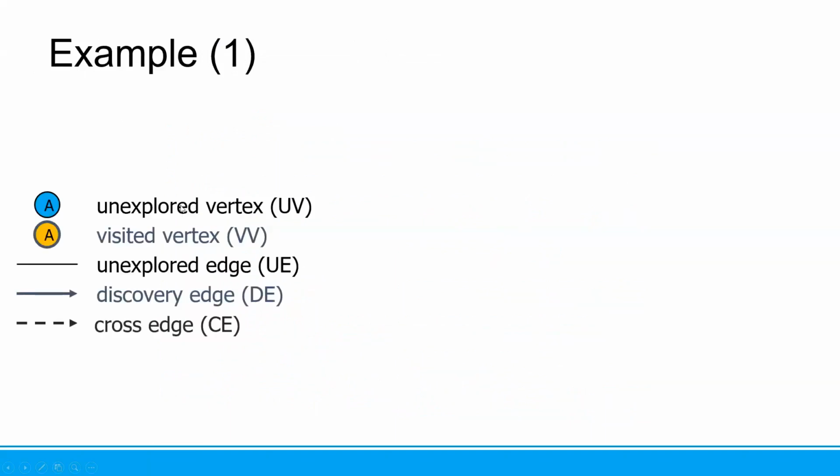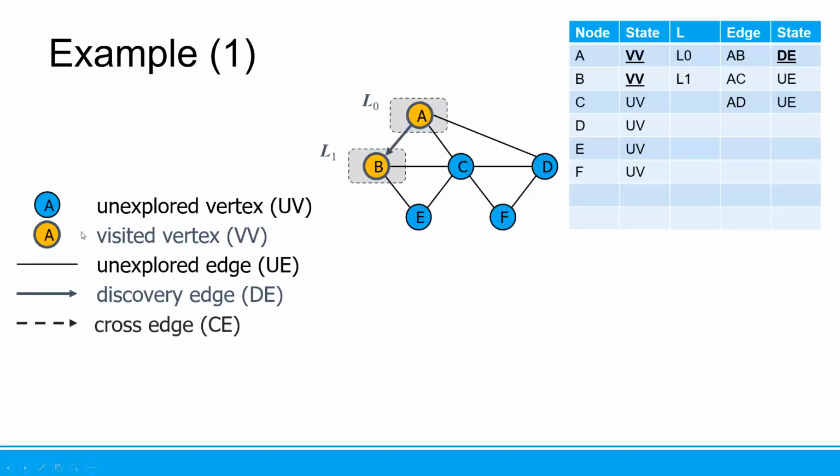Maybe it is good to see this kind of example. Same colors: blue means the unexplored vertex, which I put as UV, and the visited vertex is VV.